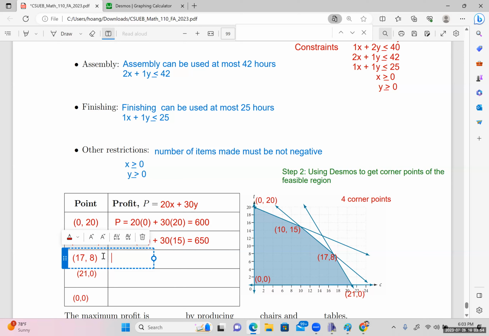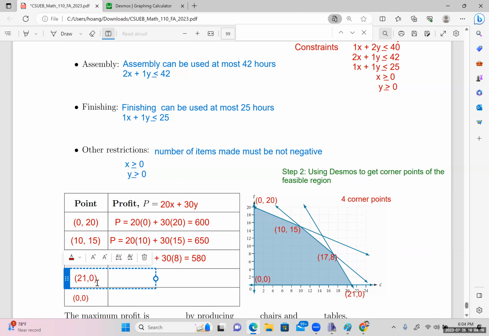So the next one, you have 20 times 17 plus 30 times 8. What do you have? 580. Okay. Next one. Profit will be equal to 20 times 21 plus 30 times 0, which gives us 420.